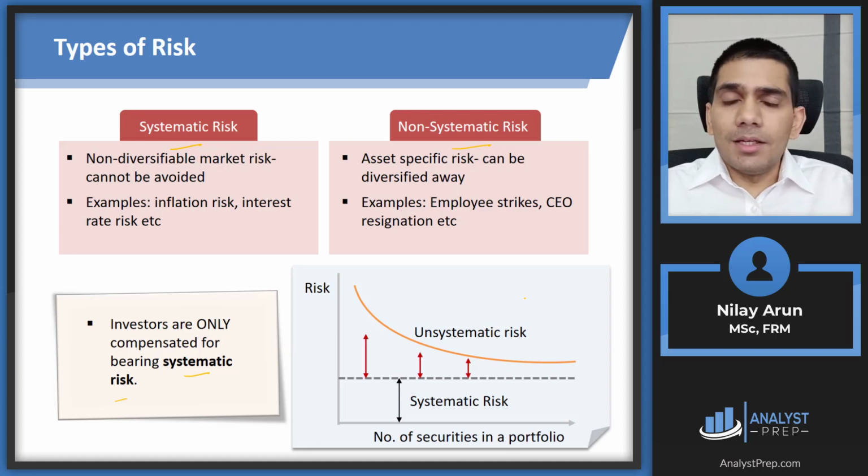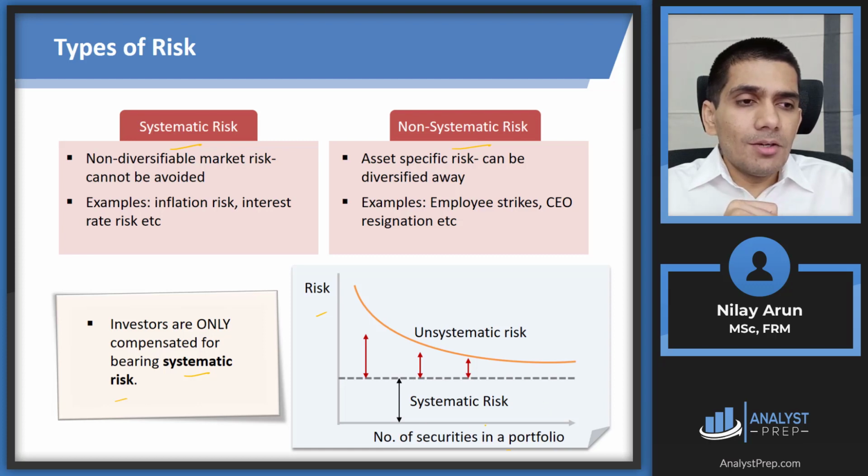Now here is an illustration to show the difference between systematic and unsystematic risk. So you have risk here and you have the number of securities in a portfolio. So when you keep increasing the number of securities, you're getting more and more diversification benefit, as long as the correlation is not perfect, as in it's less than +1.